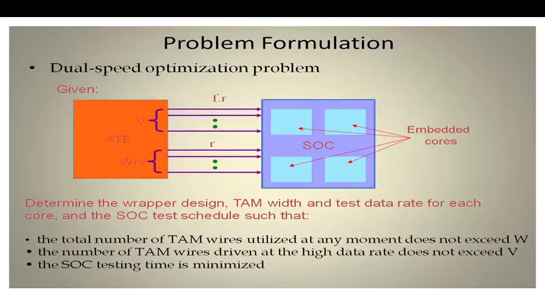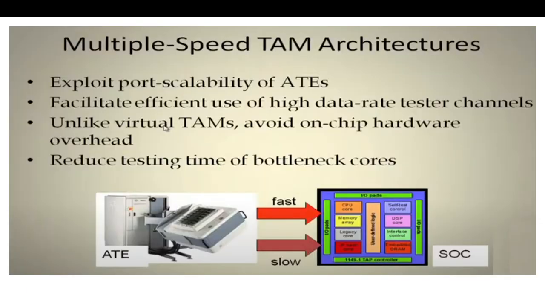Now next architecture, can we have a multiple speed TAM architecture? It exploits the port scalability of ATEs and facilitates efficient use of high data rate tester channels. Unlike virtual TAM, it avoids on-chip hardware, because in virtual TAM we needed the extra hardware, the bandwidth matching circuit.